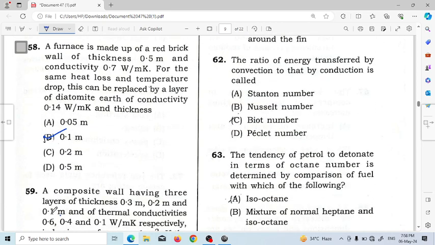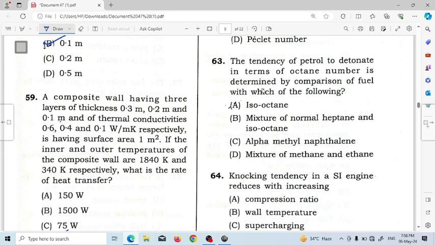Next question number 62. The ratio of energy transfer by convection to that of conduction is called as Nusselt number. Next question number 63. The tendency of petrol to detonate in terms of octane number is determined by comparison of fluid with which of the following?